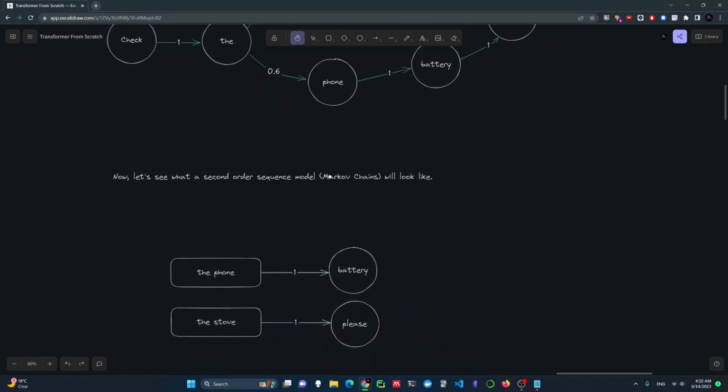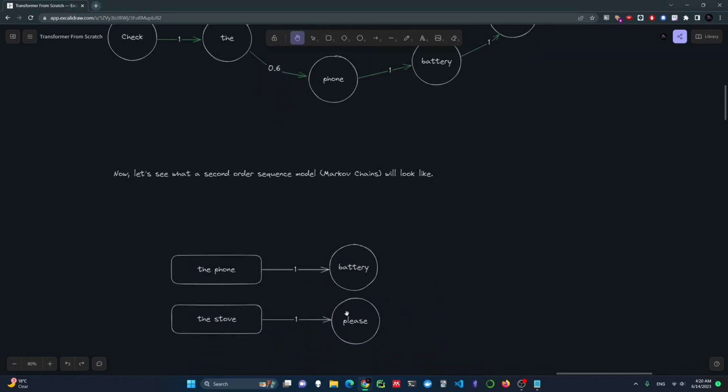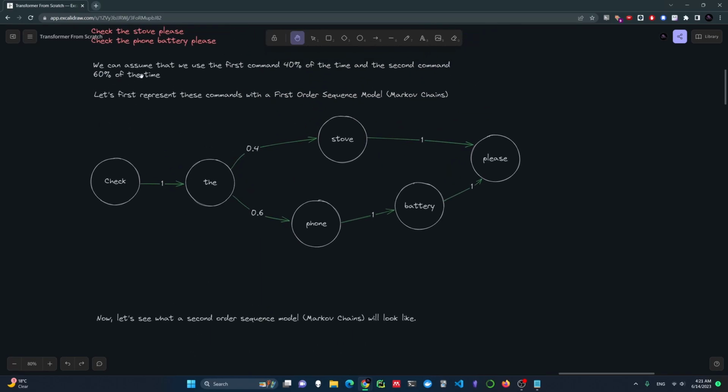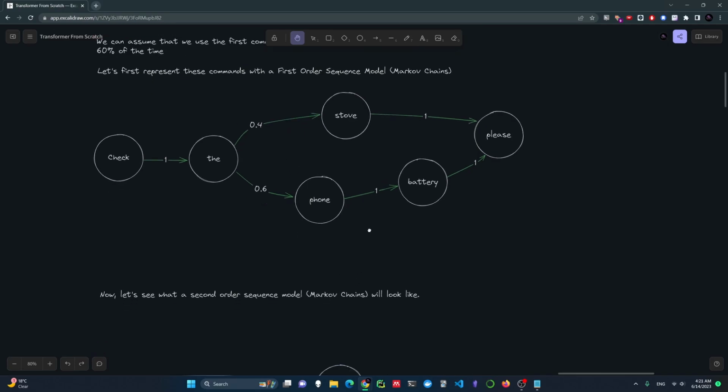And we see that please has 100% chance of coming after the stove. So this is basically what a second order sequence model is. It's predicting the next word based on the previous two words in a sequence. They have to be in a sequence for it to be a second order Markov chain.